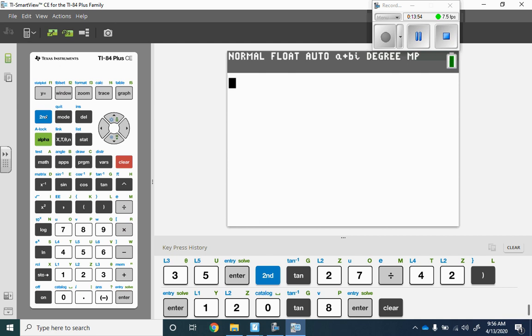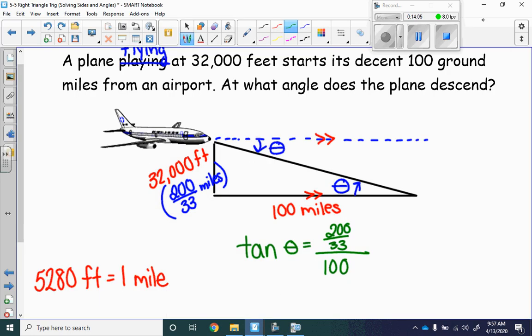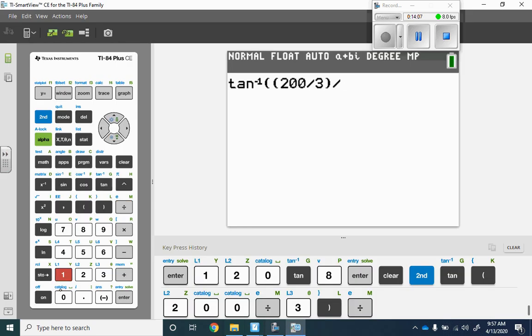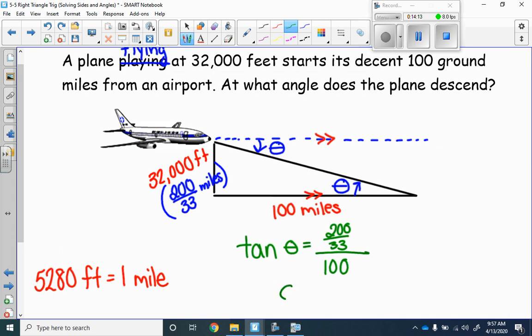So we're going to go ahead and take the inverse tangent of 200 over 33 divided by 100. Enter. So 33.69 degrees. And there's your angle of descent.